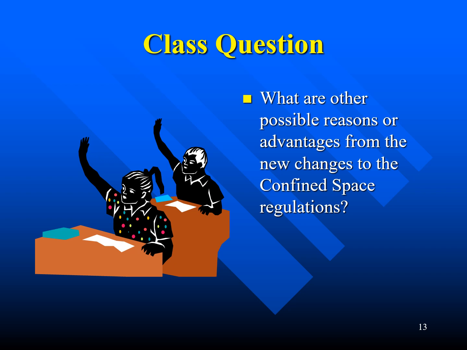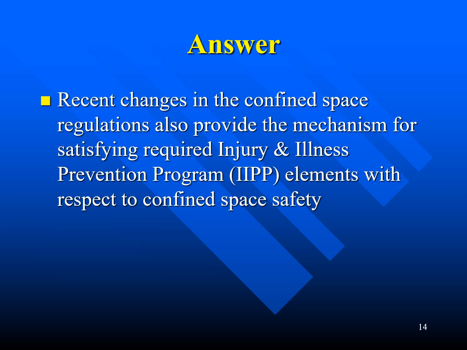Class question: what are other possible reasons or advantages from the new changes to the confined space regulations? Here's the answer. Recent changes in the confined space regulations also provide the mechanism for satisfying required injury and illness prevention elements with respect to confined space safety.